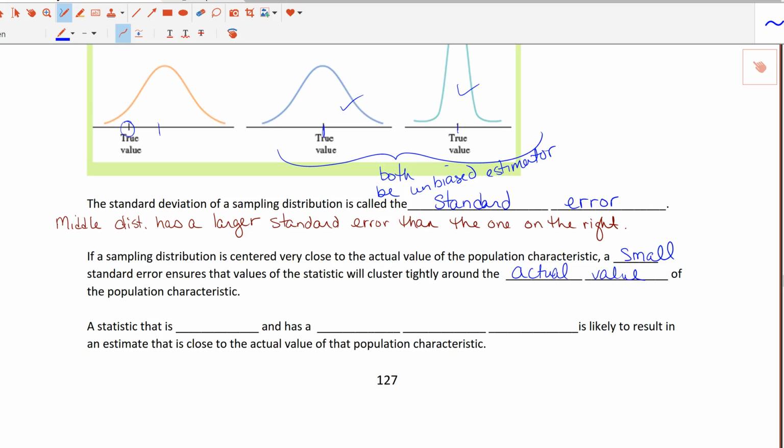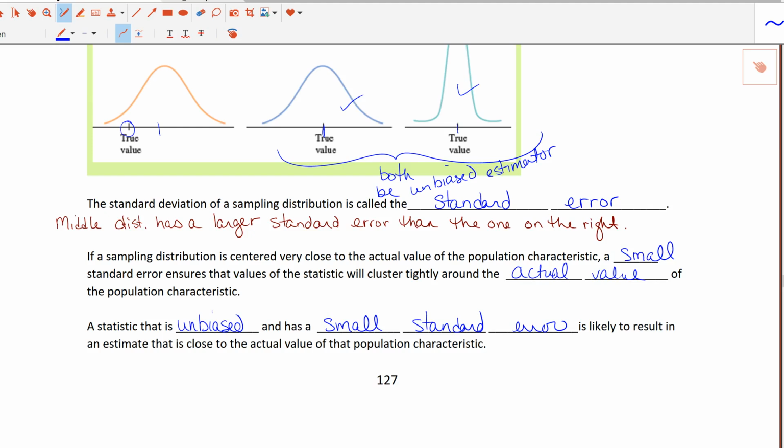A statistic that is unbiased and has a small standard error is likely to result in an estimate that's close to the actual value of that population characteristic.